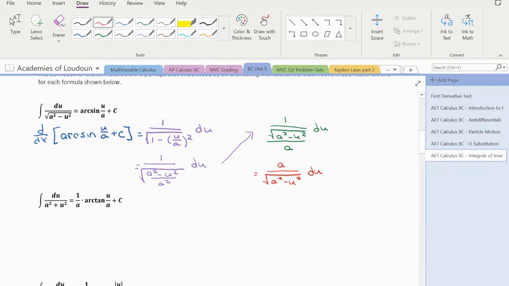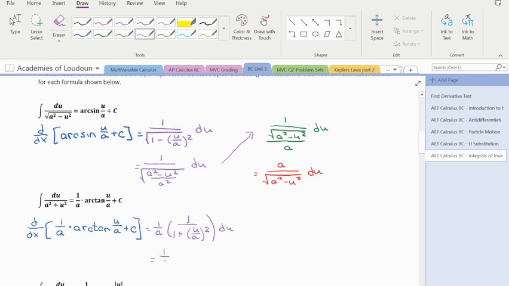Continuing with the integral of arctan, we're going to differentiate 1 over a times arctan of u over a plus c. We can see that the 1 over a will come outside because it is a constant. And we have 1 over 1 plus u over a quantity squared du.